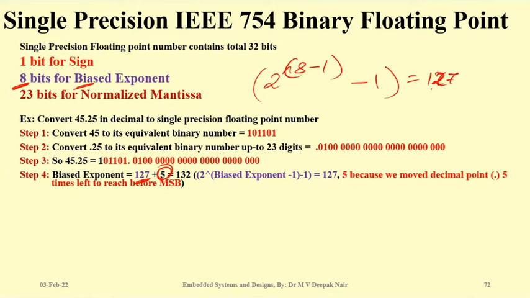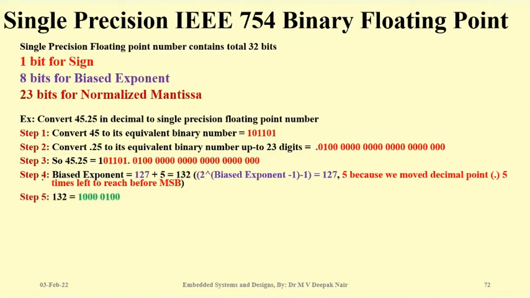So 127 plus 5, which was the movement of the decimal point, then you got the number 132. Then after that, you convert 132 to its equivalent binary form. So you got 10000100.